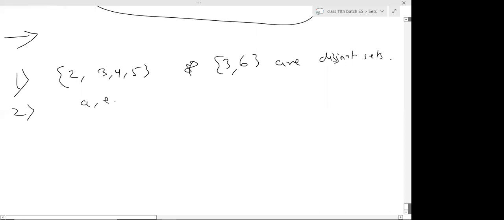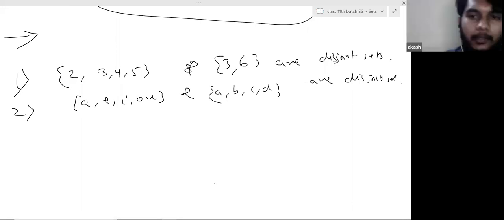Second one is A, E, I, O, U and A, B, C, D are disjoint sets. Like these two questions, you have to say if they are true or false.